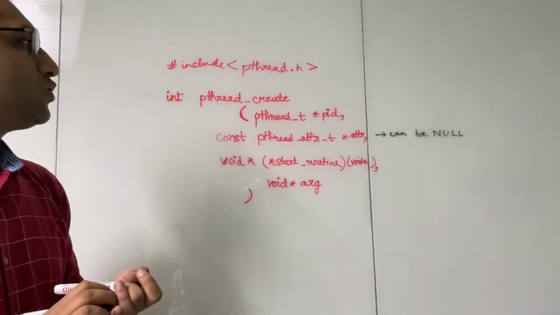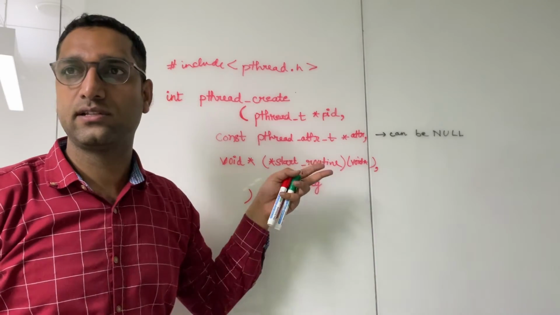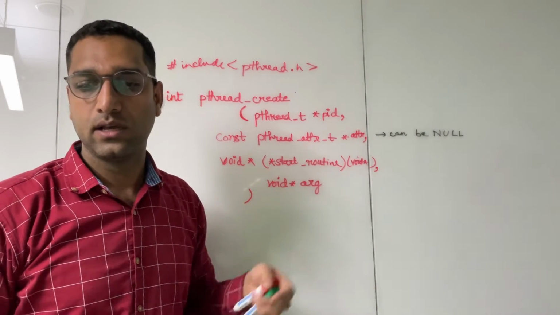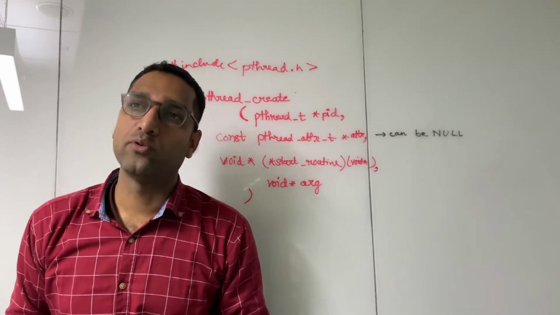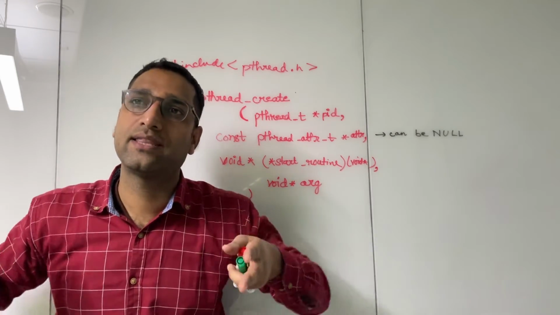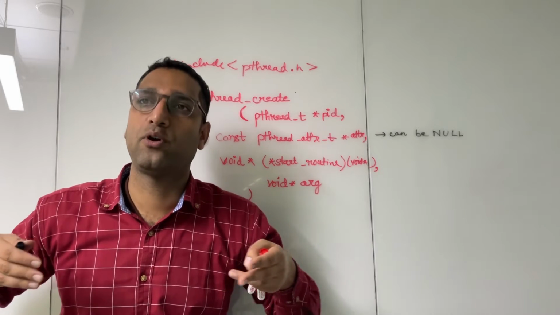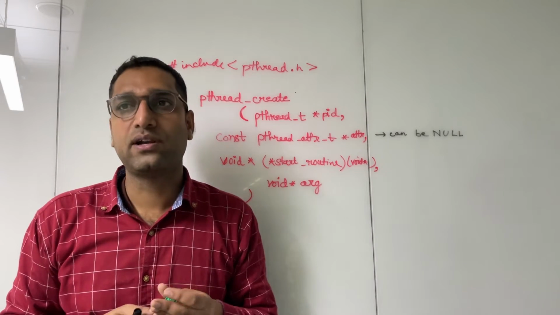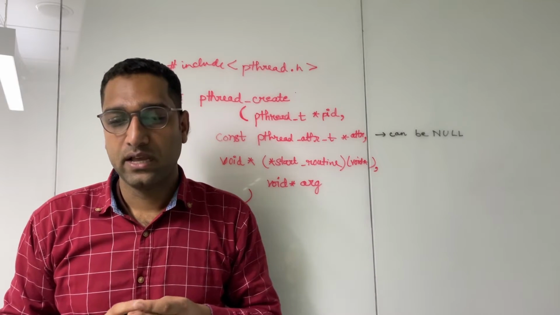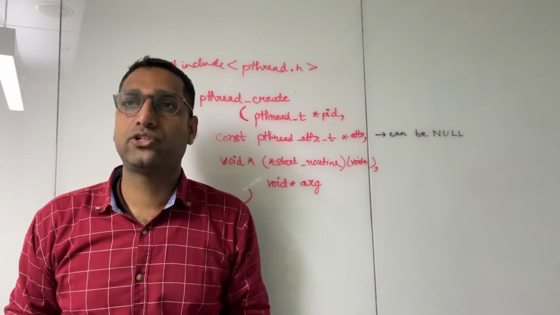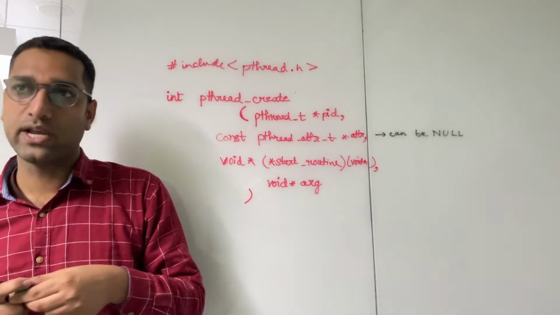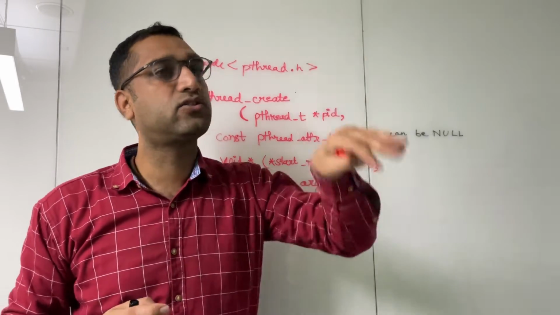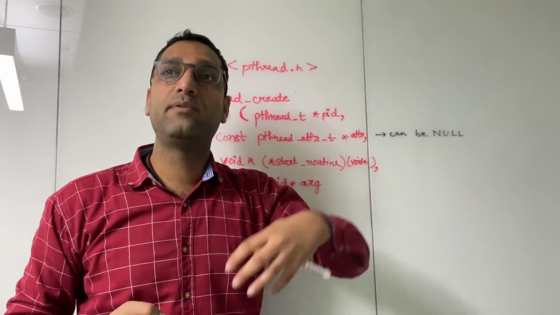So what does this parameter do? It provides attributes to the thread. A thread can have attributes, properties. What kind of attributes? Whether it's detached or not from this particular process. We can make a thread detached from that process and claim its storage.